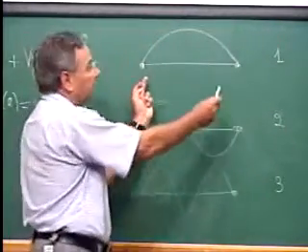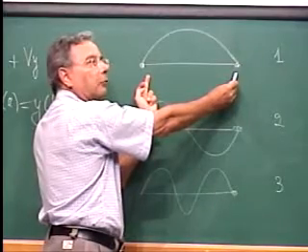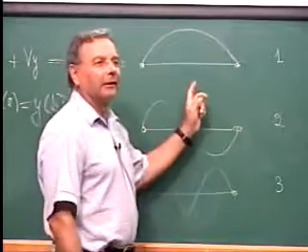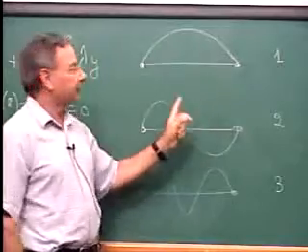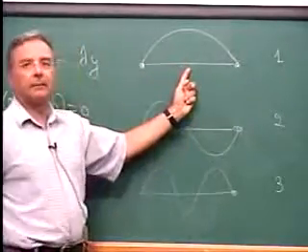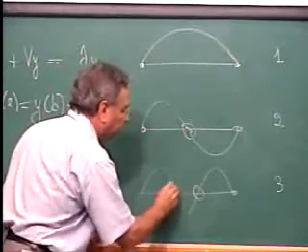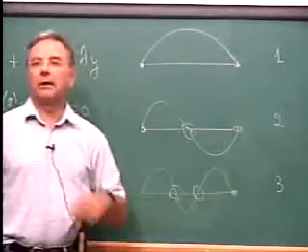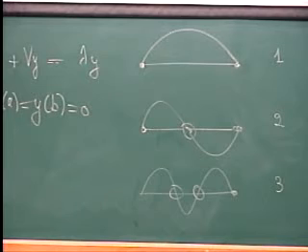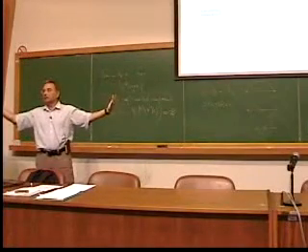You can say that the first function has no zero inside. Here it has exactly 1 zero inside. Here it has 2 zeros inside. So 1 is 2 minus 1, 2 is 3 minus 1, and the nth eigenfunction has exactly n minus 1 zeros in the open interval. Okay, n plus 1 if you take the endpoints.